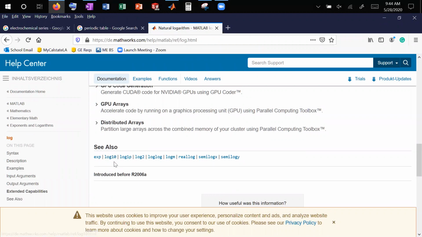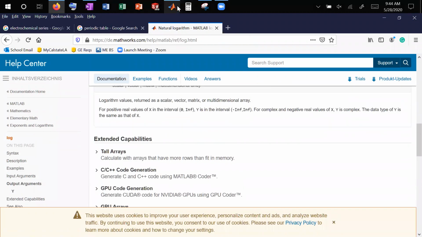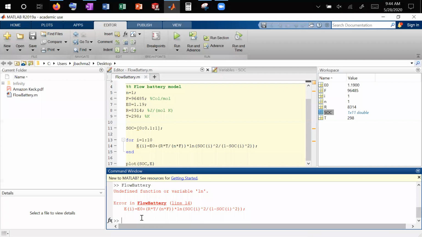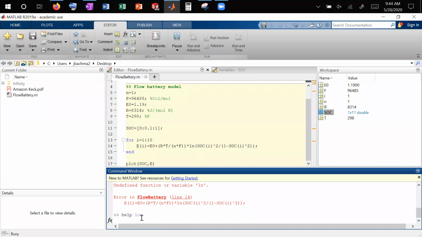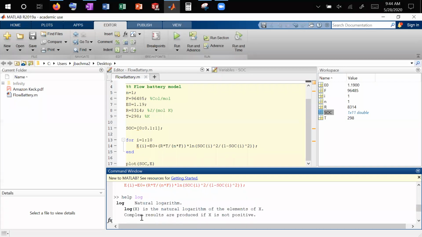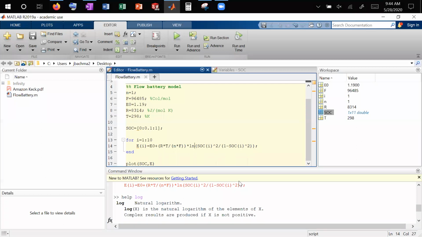It might just be log. I think log is, and then maybe you have to do log base 10. Oh, log. Didn't they do natural log too right there? Yeah, log is the natural logarithm and then you have to say log10 for the base 10.